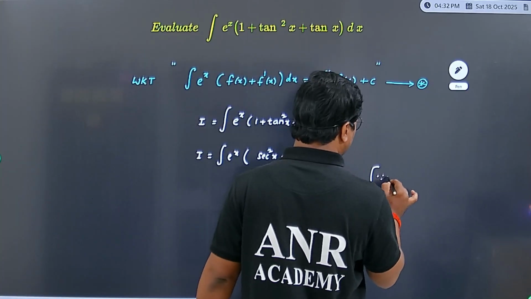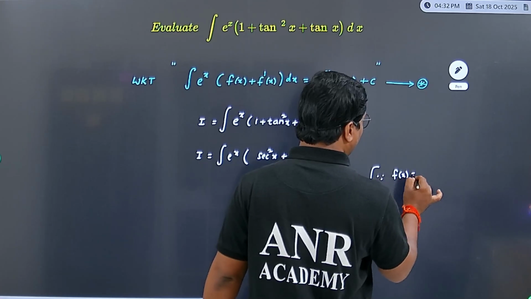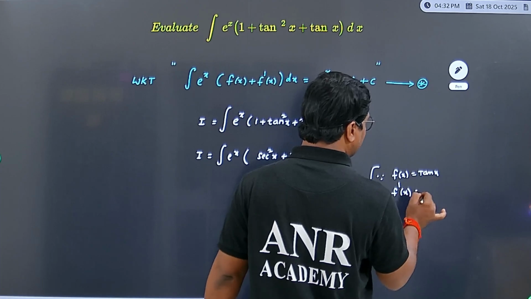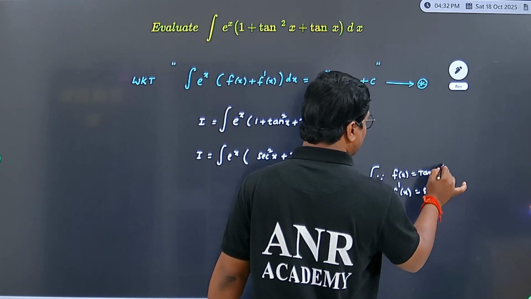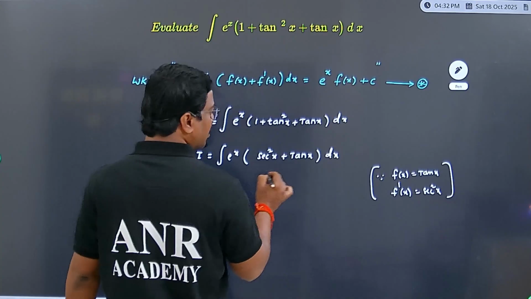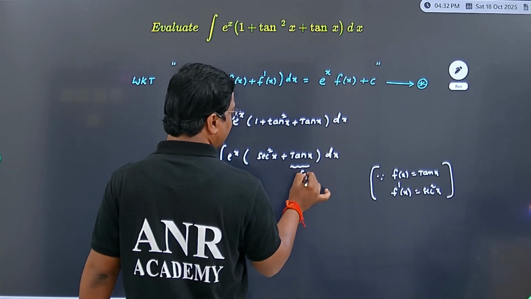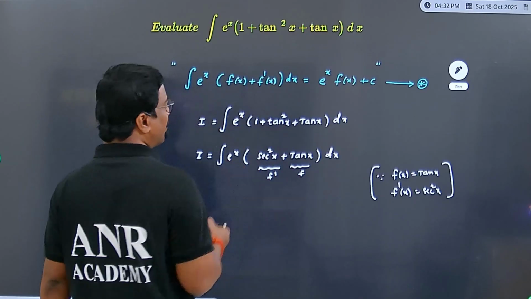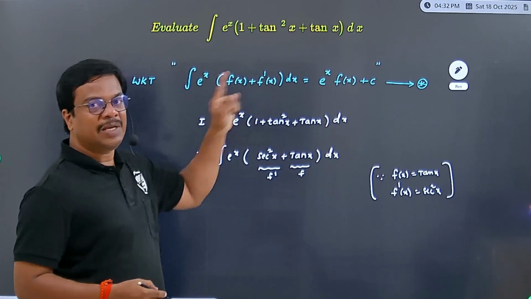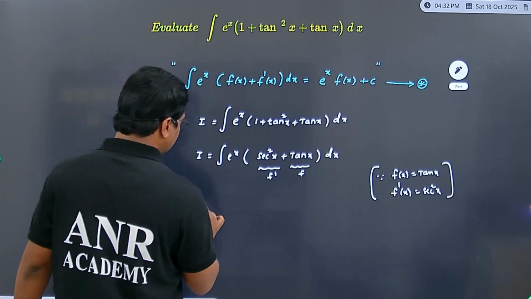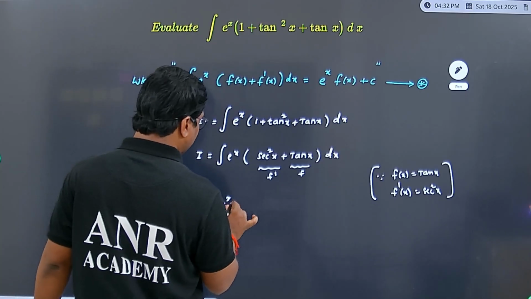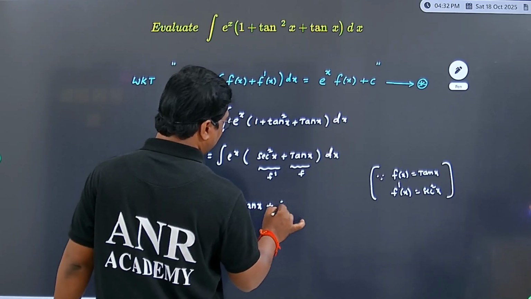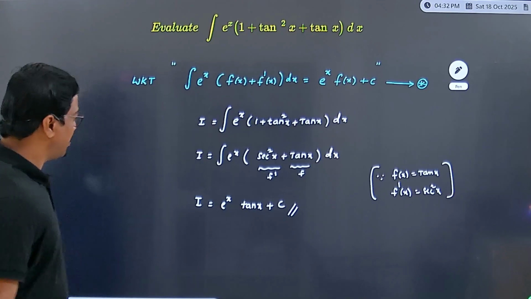Here, if f of x is tan x, then its derivative f dash of x is secant square x, so this is f and this is f dash. Using the above formula, integral value e power x into f of x, that is I becomes e power x into tan x plus c. So this is your answer.